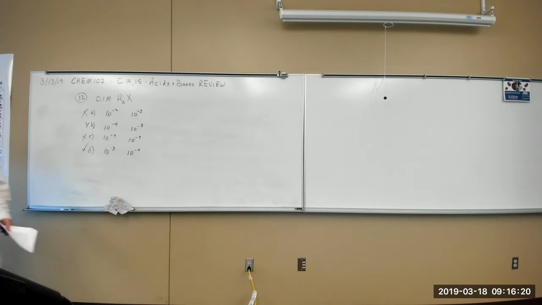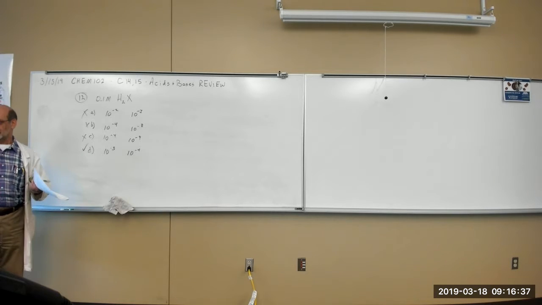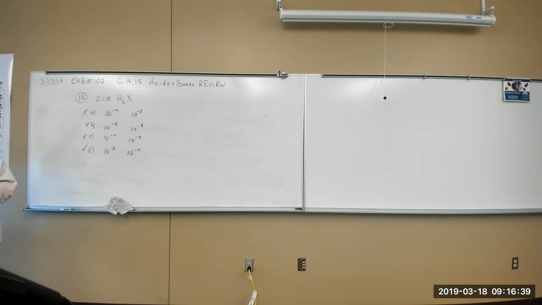It may only affect it by maybe 0.1 or 0.2 pH units, but that's still significant because remember, pH is a logarithmic scale. So if your pH is different by 1 unit, that's 10 times. If it's different by maybe a fraction, it might be only twice, but it's still significant.